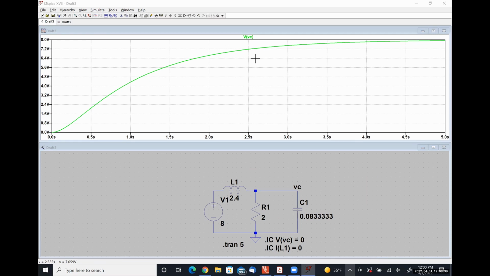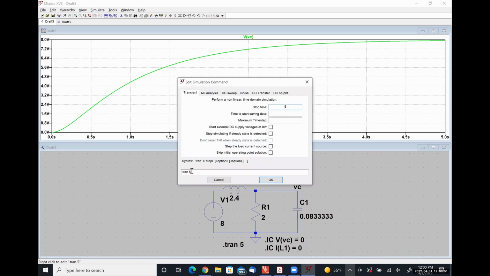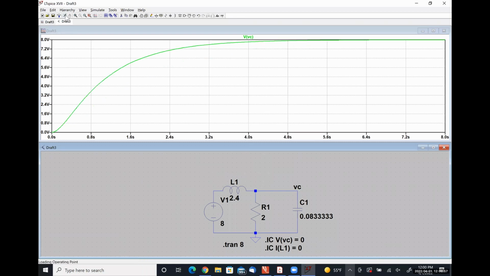So we're definitely getting really close to 8 volts at t is equal to 5 seconds. Let's just look at 8 seconds so that it's actually just settled for a bit. Yeah, okay. That seems good. It's been settled for about 2 seconds. We're going to add our trace.